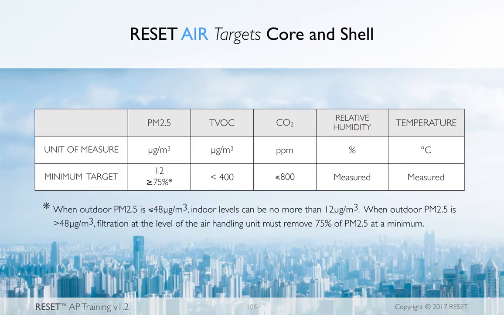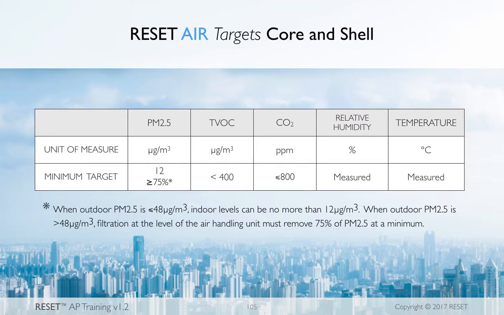Okay, so again, as promised, I'm coming back to the 2 slides that started this module off, so we can look at them again under the lens of what you've just learned, showing the current thresholds and pollutants as outlined in the standard. And again, this is showing core and shell.